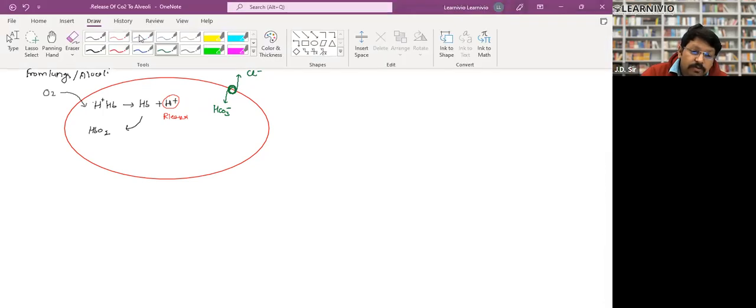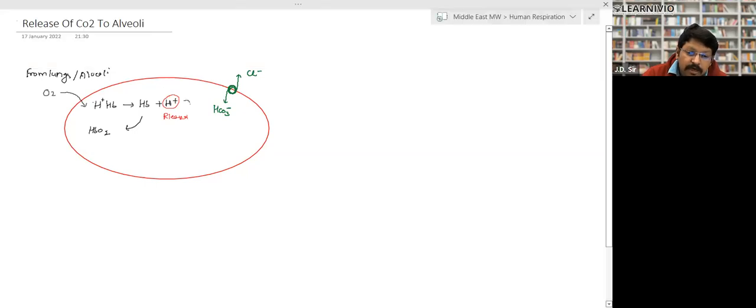Now this hydrogen ion will come to the bicarbonate ion, and they will combine again and make H2CO3, carbonic acid, an unstable compound. Again, I have told you that H2CO3 is an unstable compound. This complete reaction is taking place inside.